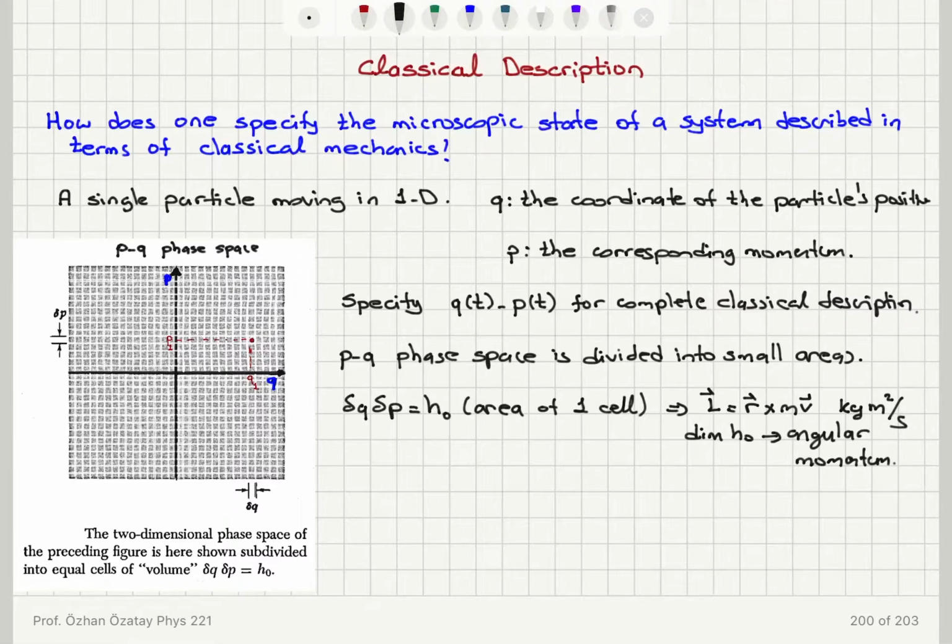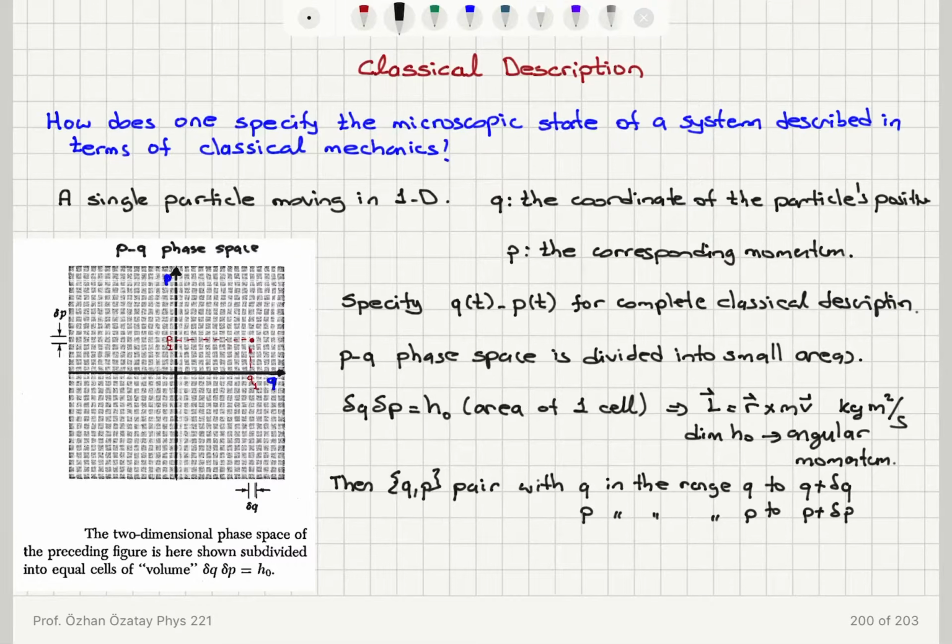Okay, so if I want to specify the state of the system, then I have to give this pair of numbers P and Q. For this one particle, if I give you these pairs Q and P, position-momentum pairs, implying that Q is going to be in the range Q to Q plus delta Q, where delta Q is a small number, and momentum P is going to be in the range P to P plus delta P, then this is going to describe the microscopic state of the system at this time t.